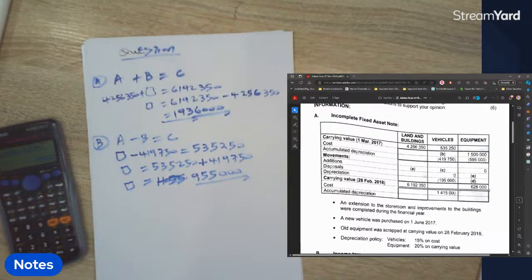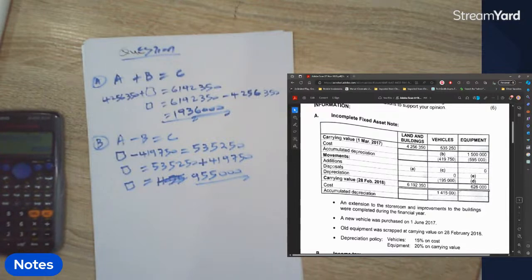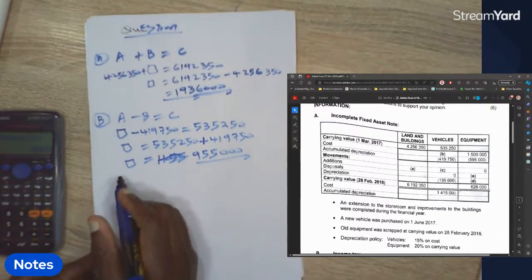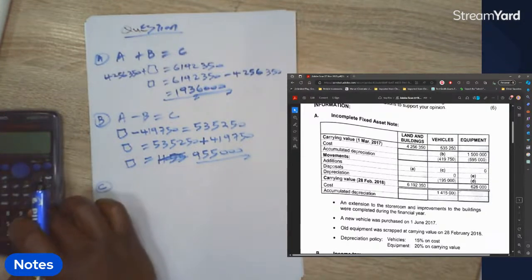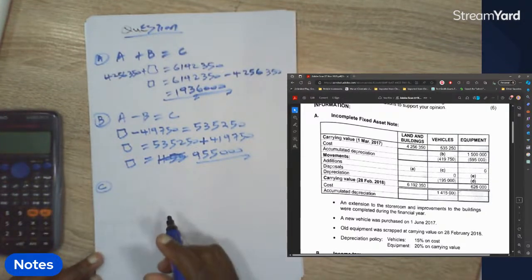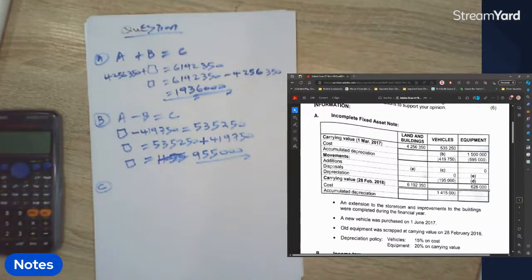Now let's go to the movements. When the movement is addition, we call it addition, grade 12, or we call it additional cost. Right? Let's go to C. C is the cost, the additional cost during the year on the movements.